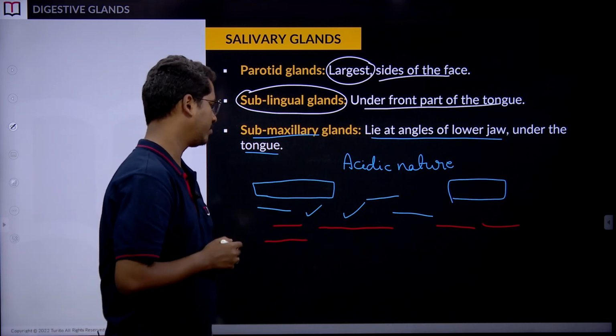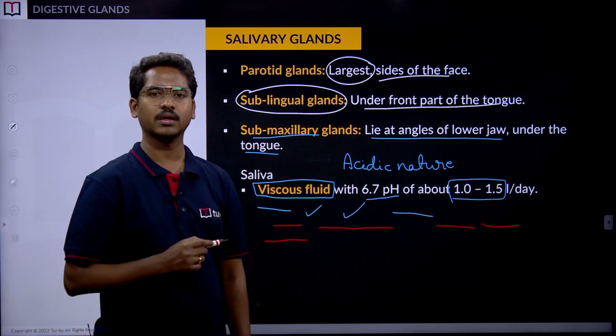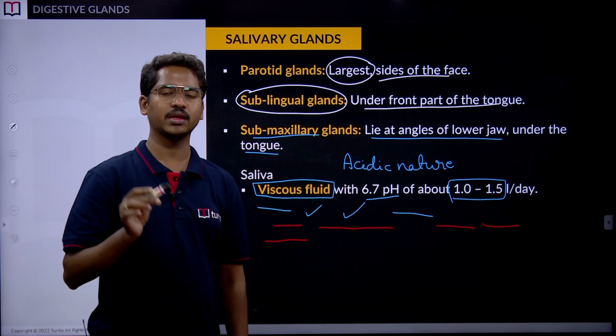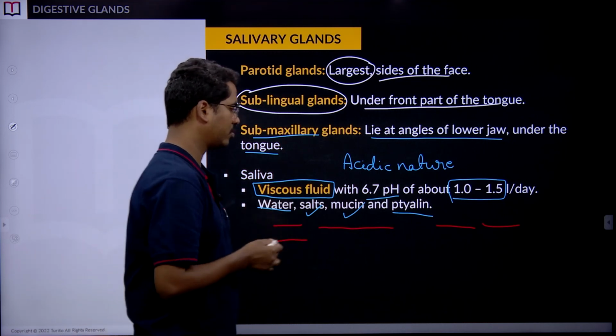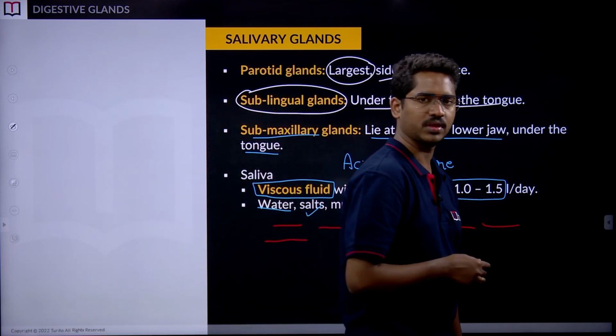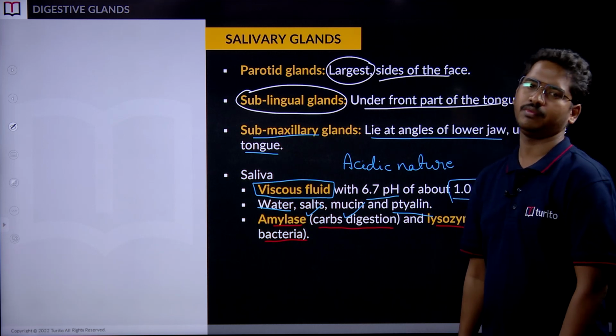So, under the tongue. So, we see that saliva has a pH of 6.7, and in a day we release 1 to 1.5 liters of saliva, and it has water, mucin, salt and ptyalin. Along with that, it is the amylase and the lysozyme that help in digestion of the food.